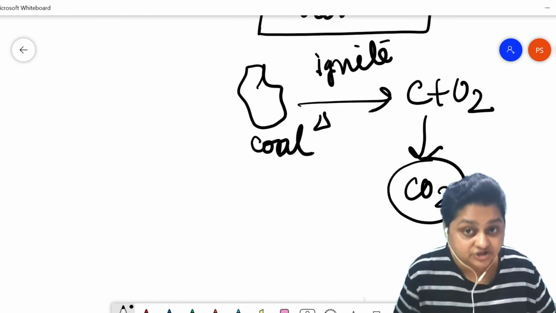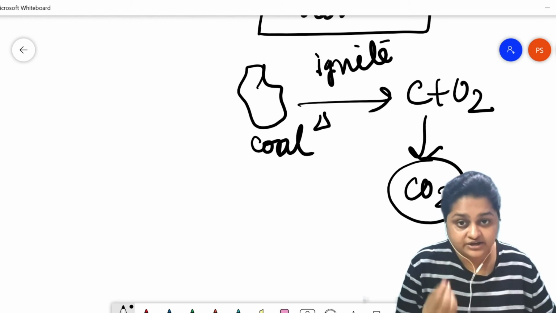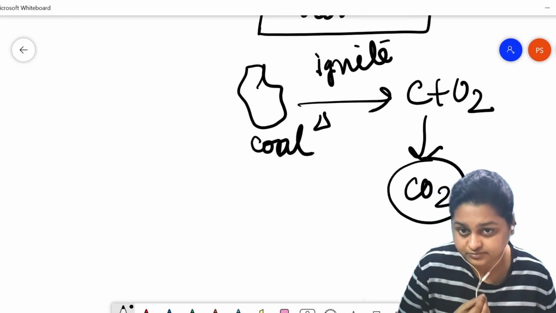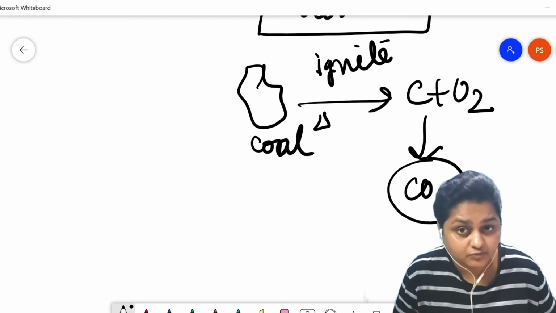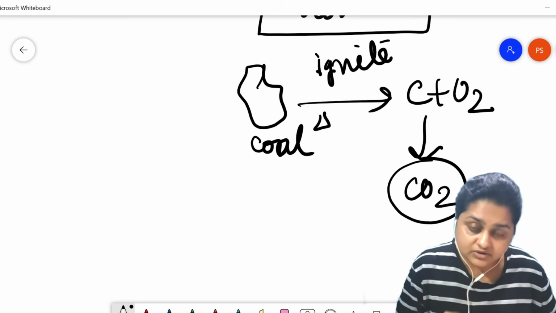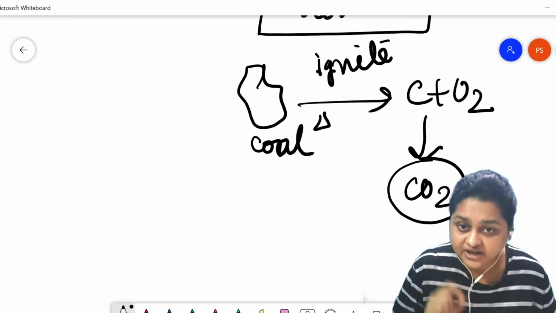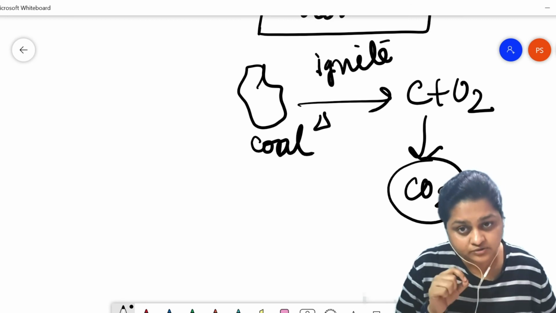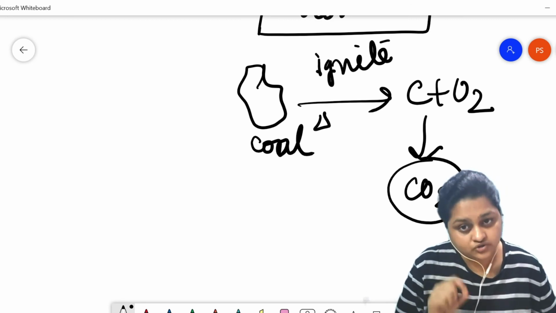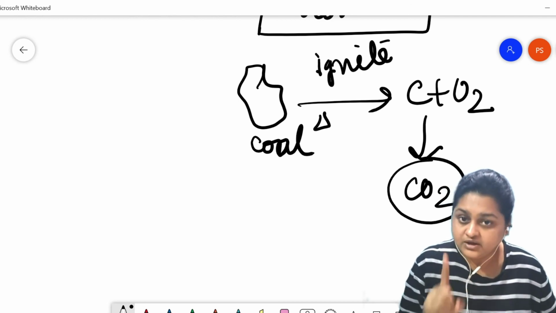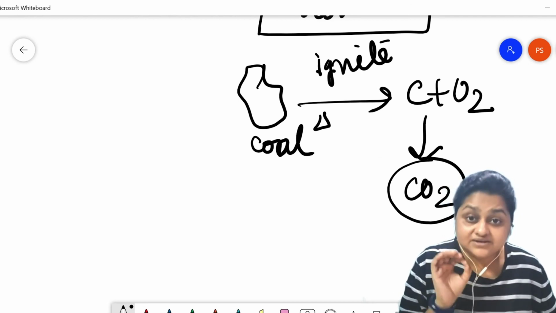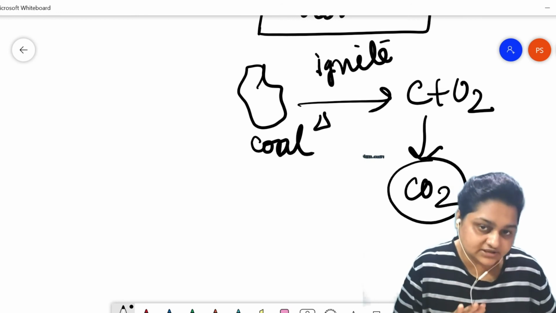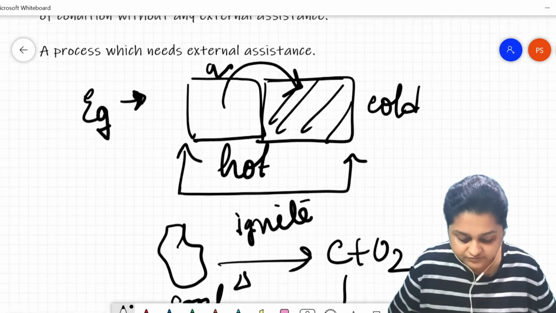But at the initial stage, an external ignition, an initiation process, is required. So this is also a spontaneous reaction. The combustion of coal proceeds on its own without external help, but it requires an initiation. So these are two examples of spontaneous reactions.